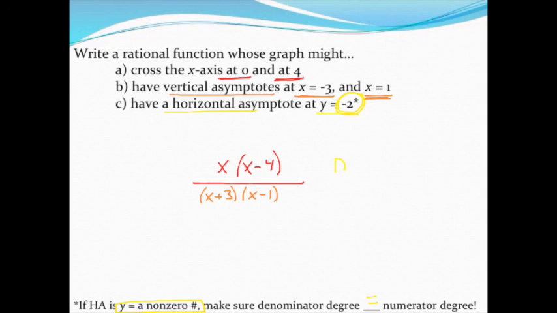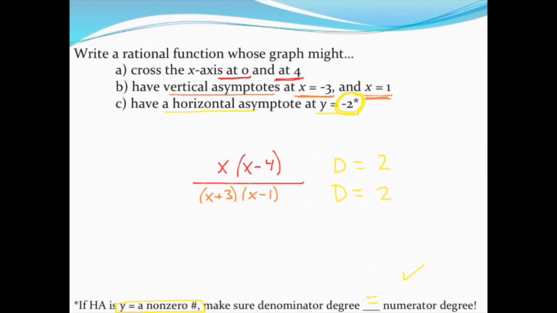So if I check the degree, first of all, to see if there's any degrees I need to adjust, the degree of the top and bottom actually are equal. If I multiplied everything out, I'd have an exponent of 2 on the x. So they both do have the same degree, so that part's good. But now what I need to make sure happens is my leading coefficient needs to divide out to become -2.